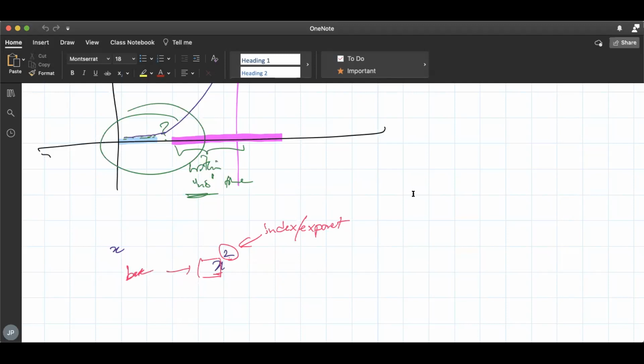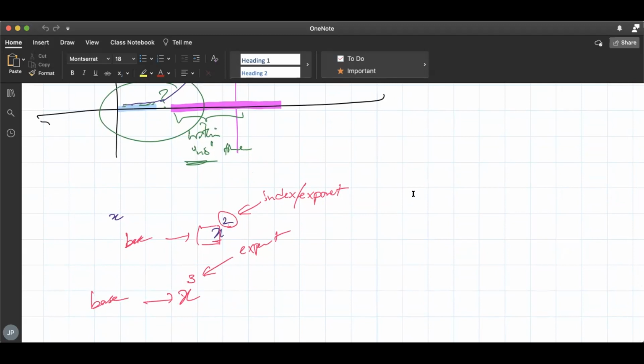Even if it's a cubic function, the number is the exponent and the variable is the base. Now, the difference in this exponential function is that it's getting reversed. The number is the base, and the exponent is the variable. You have a variable exponent. All of a sudden, the behavior of the function is a lot different from any of the standard polynomial functions that you may have come across. So that's the beauty and that's the shocking part of it.